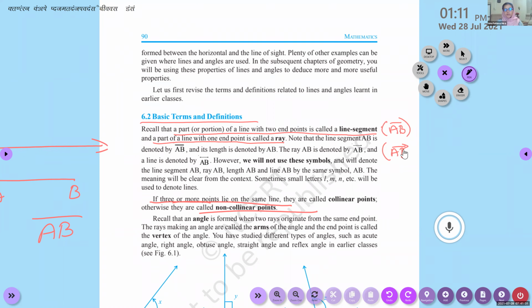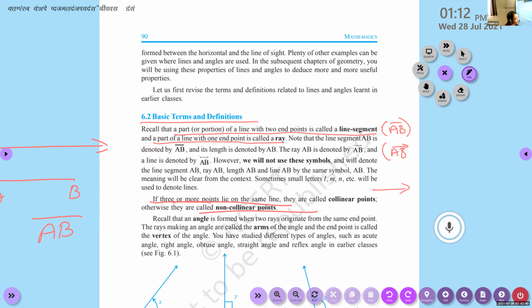Ma'am, is it necessary that this ray and line segment should be a part of a line? Without a part of a line, how can we see? This is a ray, isn't it, Isha? Yes, ma'am.